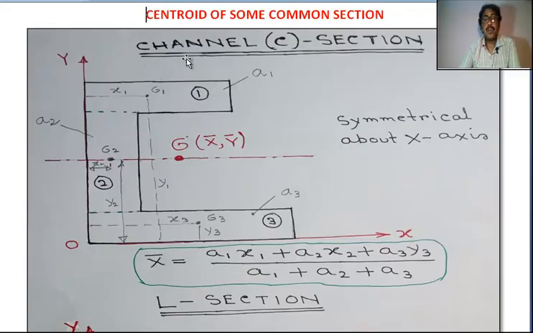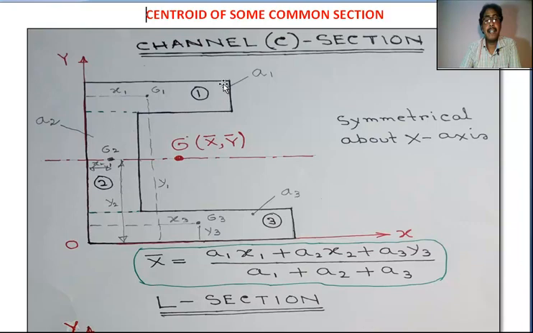Now we find the centroid of the channel or C section. This is a channel section or C section. Upper area, we join this portion and this portion.